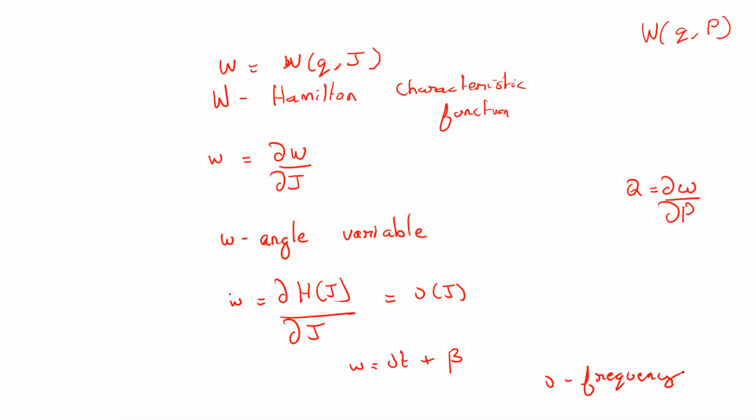So w is called the angle variable, and J is called the action variable. These names might be useful to remember.